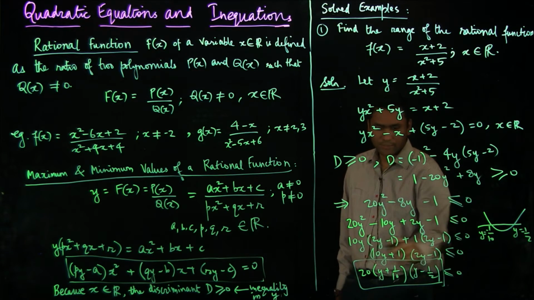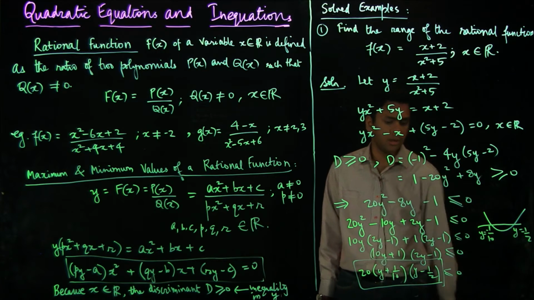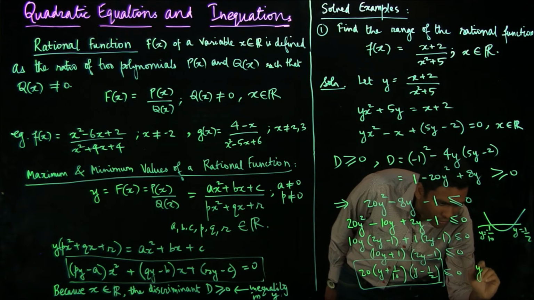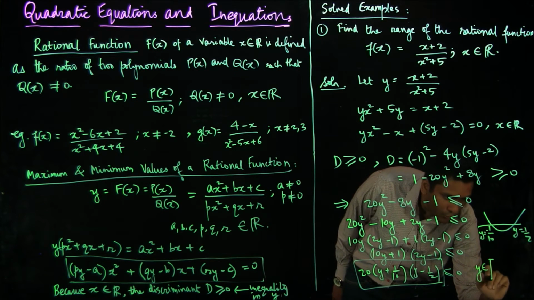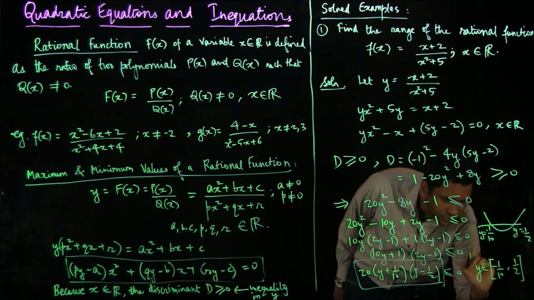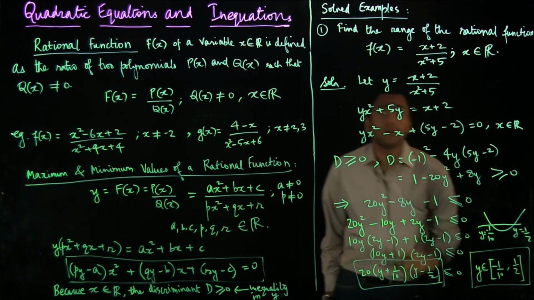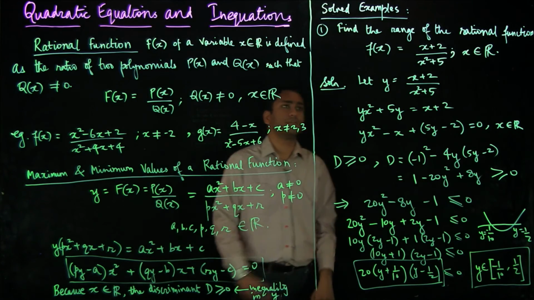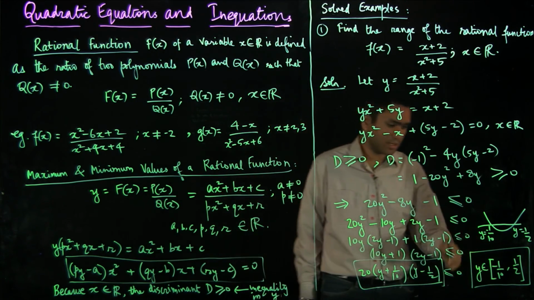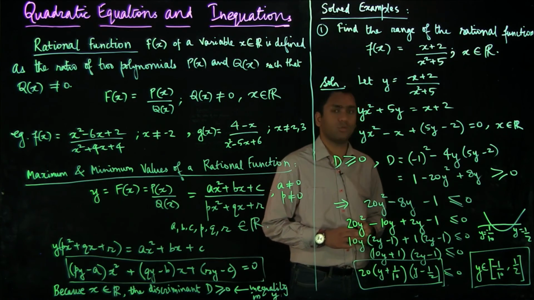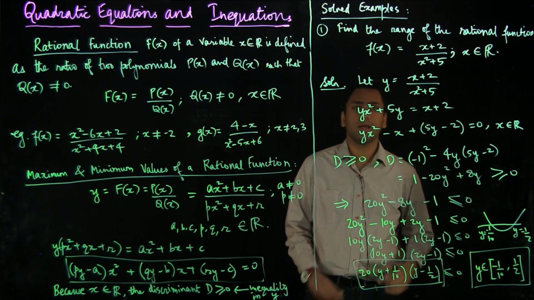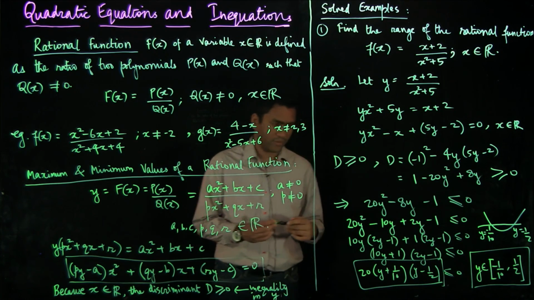And we want this expression which we have plotted here to be less than or equal to 0. By looking at this, we can conclude that y must lie between minus 1 over 10 and half. So therefore the range of y equals f(x) equals x plus 2 over x squared plus 5 for x belonging to the set of real numbers is minus 1/10 to half. The minimum value of f(x) is minus 1 over 10 and the maximum value of f(x) is half.